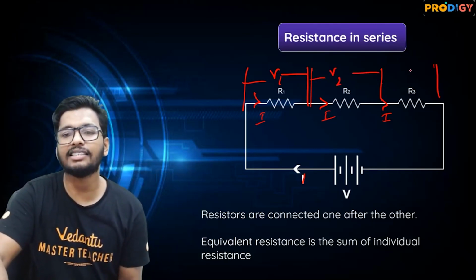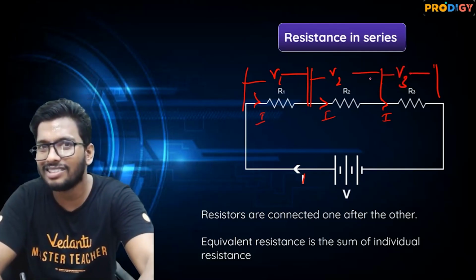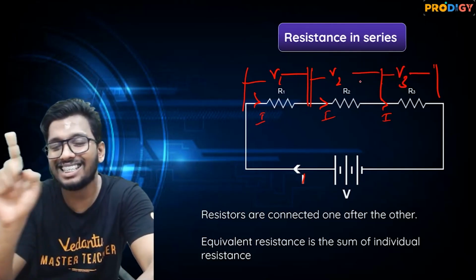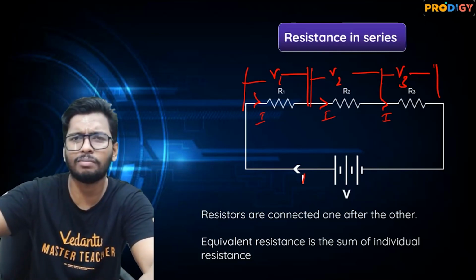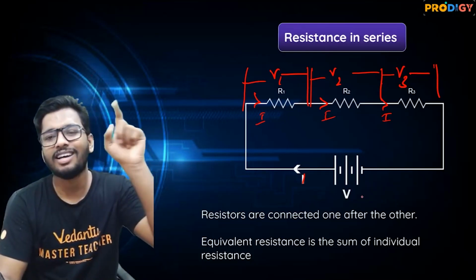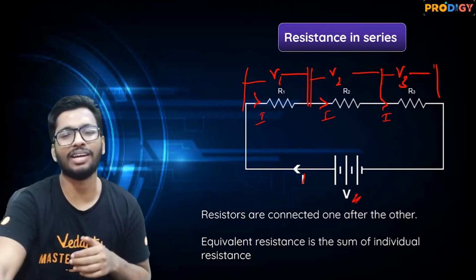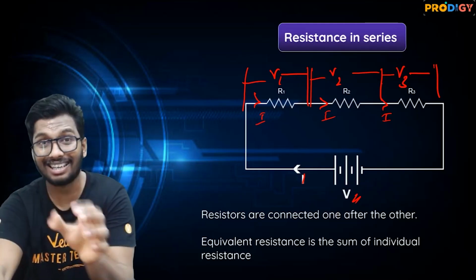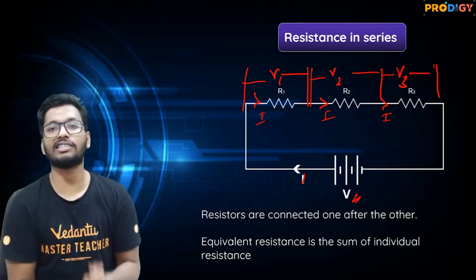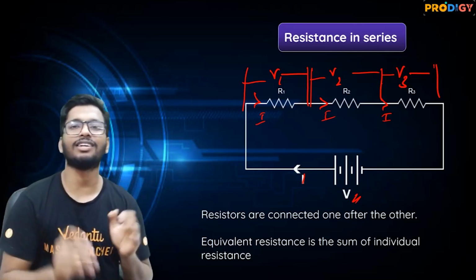So in series connection, the current remains constant, but the voltage is distributed. When you sum up V1 plus V2 plus V3, that will be the voltage provided by the battery. And if you want to find out the equivalent resistance, the total resistance, all I have to do is find the sum of the resistors.